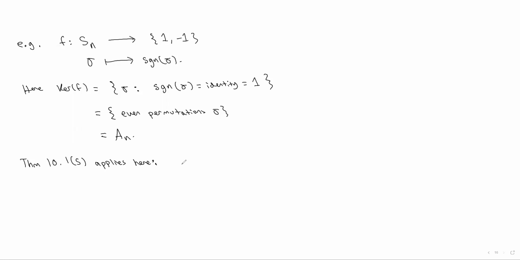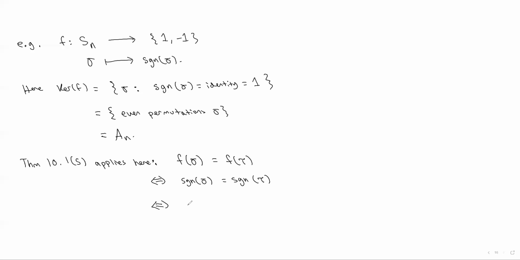So f of sigma equals f of tau means sign of sigma equals sign of tau. And then you can divide by sign of sigma on both sides.